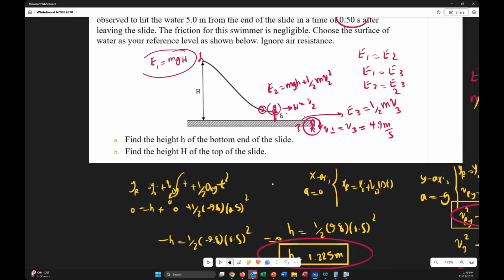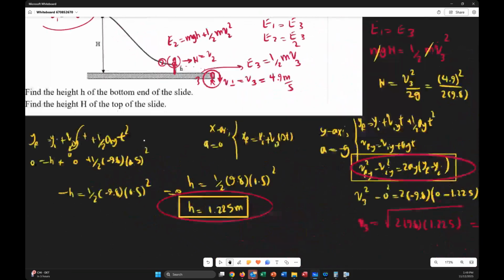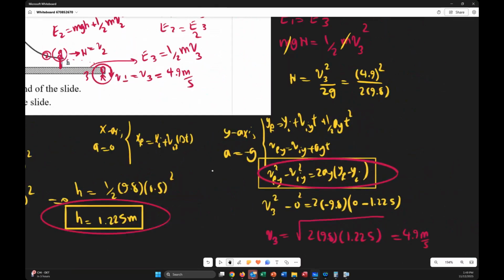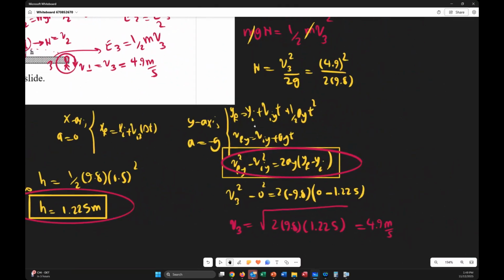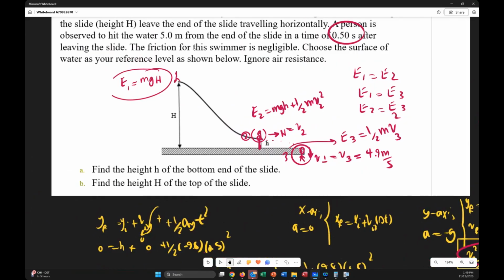It's just that the E1 equation is using capital H. So we are trying to find the lowercase one?